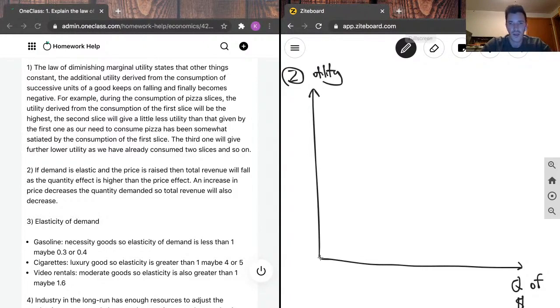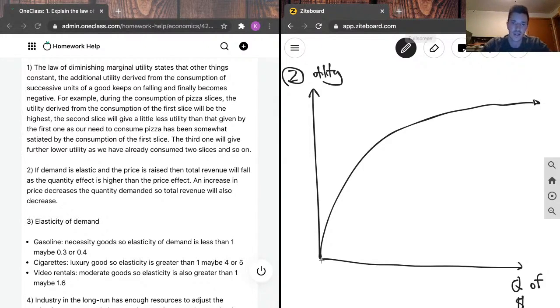And diminishing marginal utility is going to be shaped, let me try that again, shaped somewhat like that. Of course, never going quite flat, but each additional unit over time gives less.